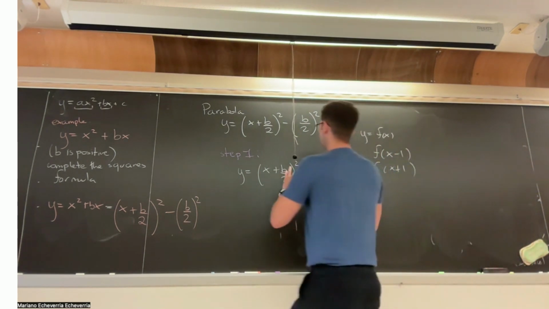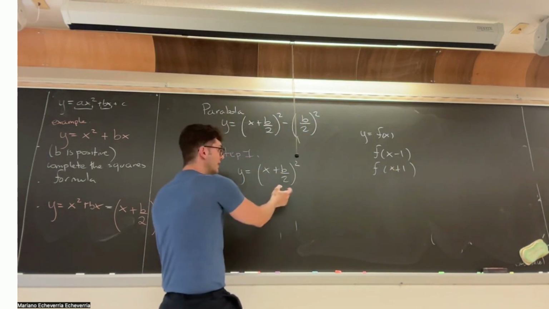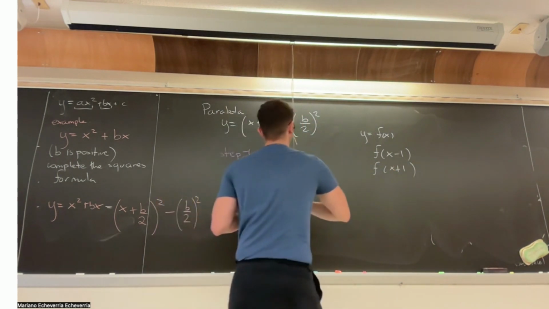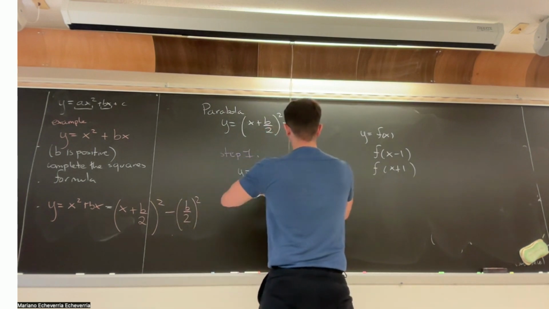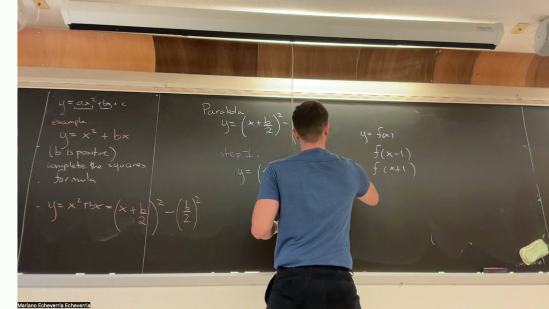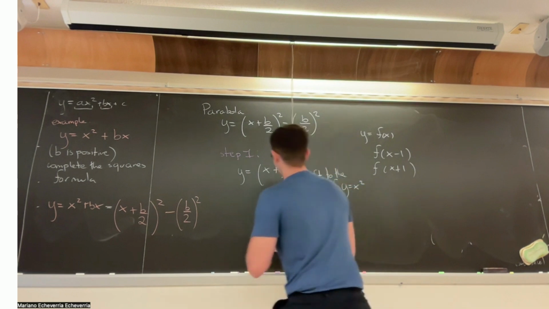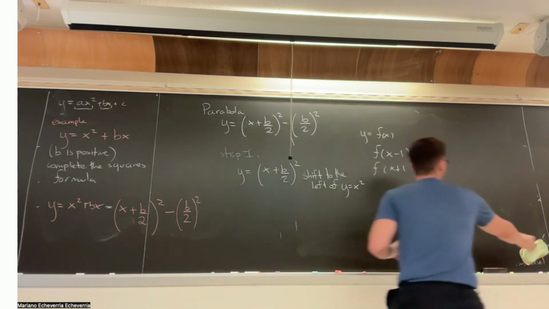So basically what you're doing here is taking the graph of x squared and shifting it to the left because it has a plus. Okay, so it's a shift to the left of y equals x squared. Let me do a couple of pictures here.